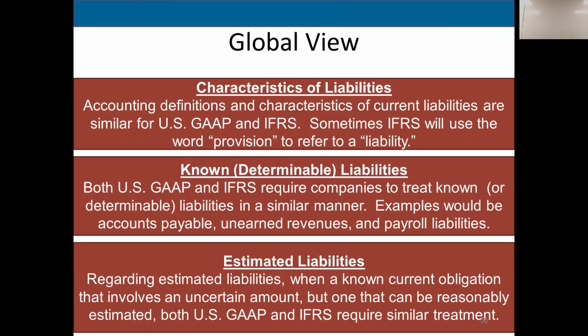So again, both standards are going to be similar with accounts payable, unearned revenues, and payroll liabilities. And both standards are going to require similar treatment with estimated liabilities. So if the obligation is known and can be reasonably estimated, remember, we're going to record it.